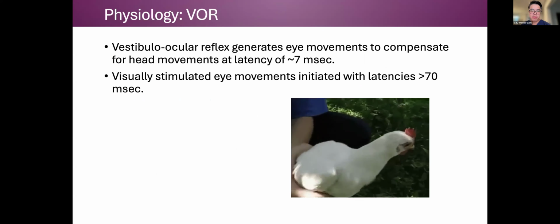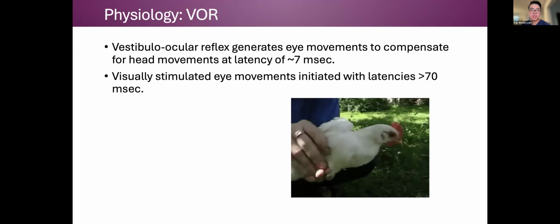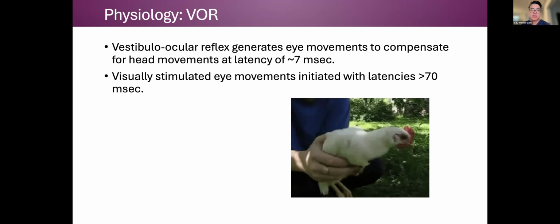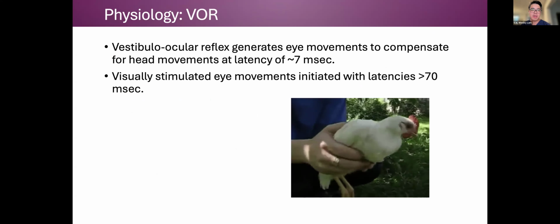You can't really talk about nystagmus without talking about physiology and the vestibulo-ocular reflex. This is a reflex that generates eye movements and compensates for head movements. It's a very fast reflex and doesn't require the cerebellum, unlike visually stimulated, purposeful eye movements, which have longer latency.